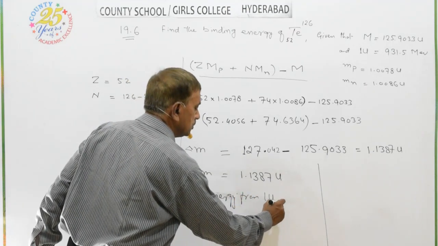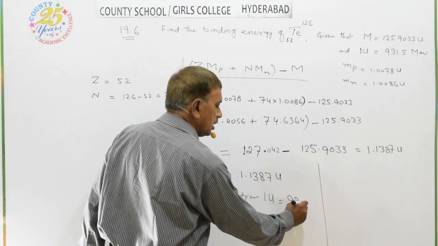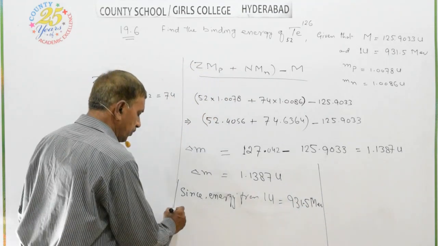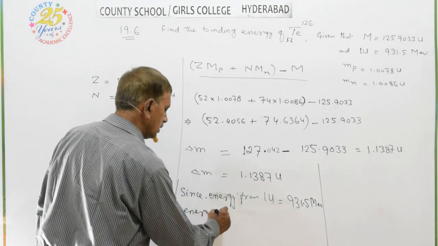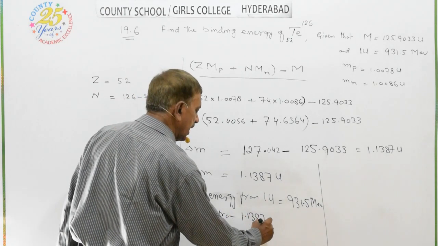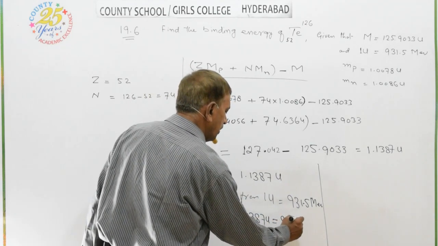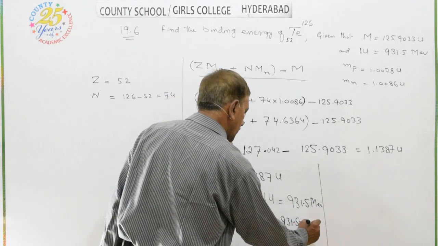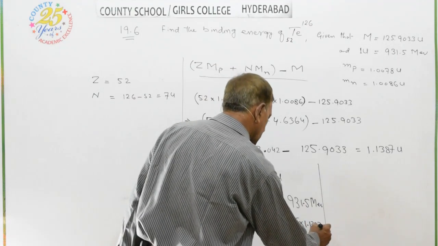Since the energy from 1 U is 931.5 MeV, therefore the energy from 1.1387 U will be equal to 931.5 multiplied by 1.1387.